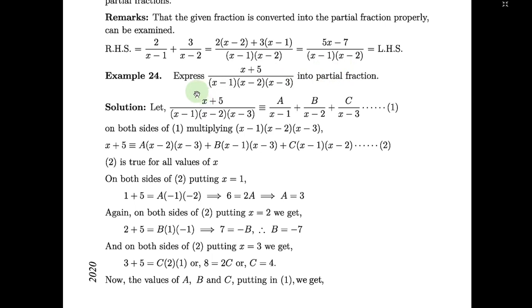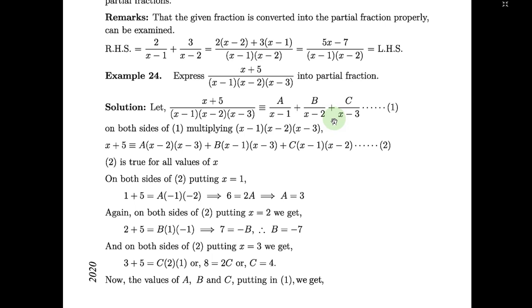To convert this into a partial fraction, you need to find out how many factors are there. There are 3 factors, so you need to think of 3 variables to convert this into partial fraction.